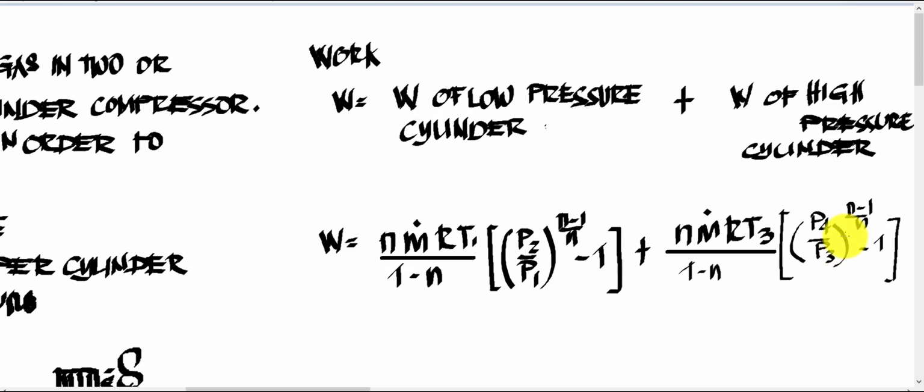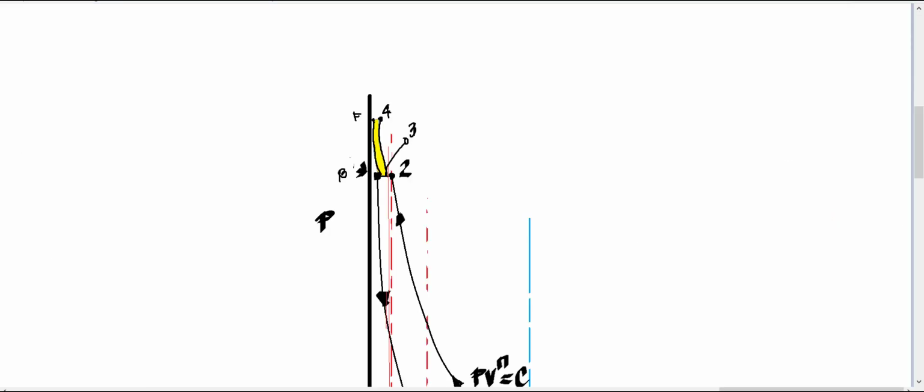Since we have the suction of the first discharge, usually that will be the discharge, no? So P3 and P2 are commonly equal there.